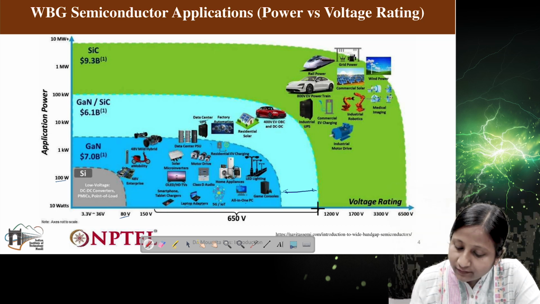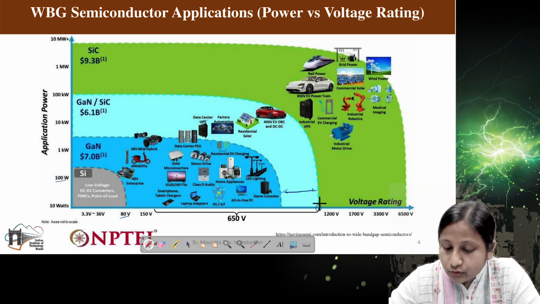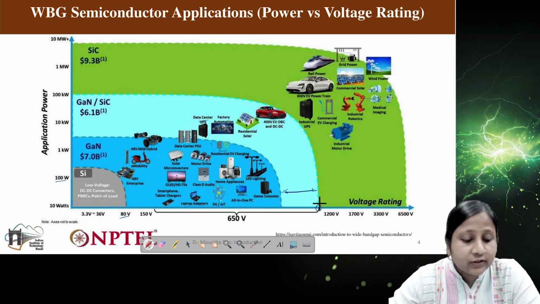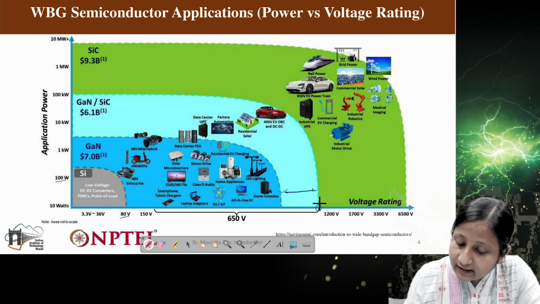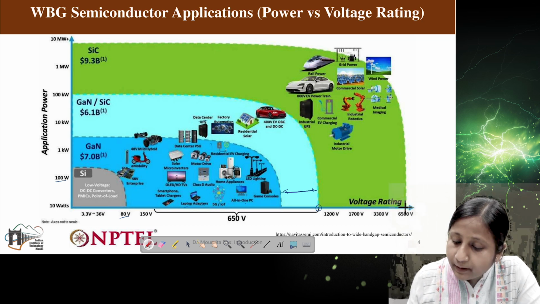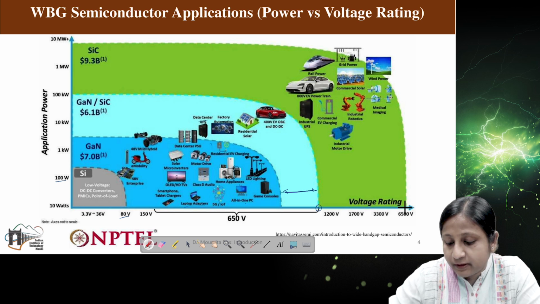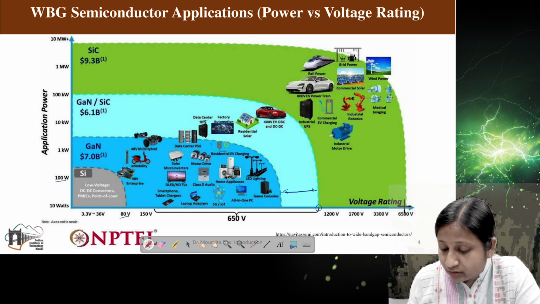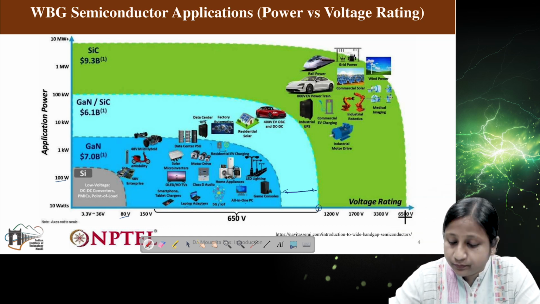Now beyond 1200 volts, the applications will mainly use silicon carbide devices, which are capable of higher voltage. The maximum breakdown voltage available till now is 6.5 kV.